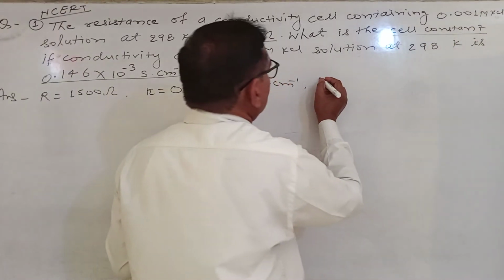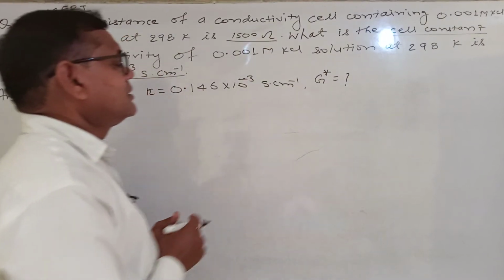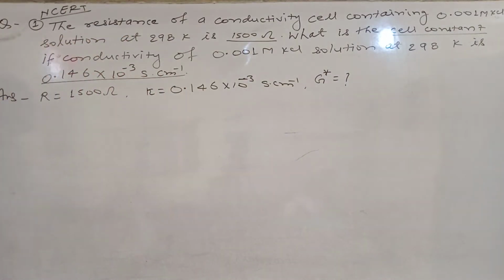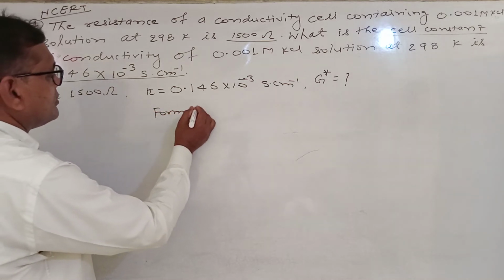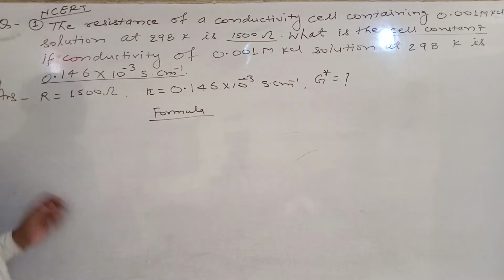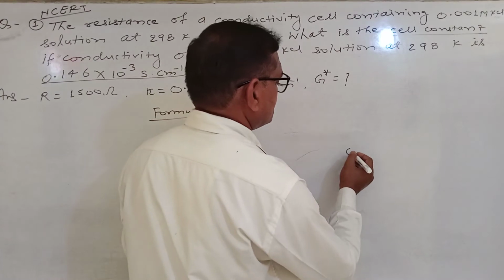We know that the cell constant is G star. Therefore, we write G star is equal to what? Here we write the formula. We know two formulas for G star.